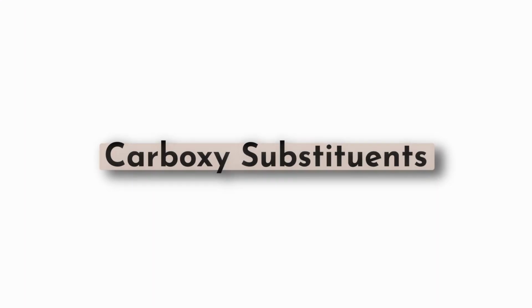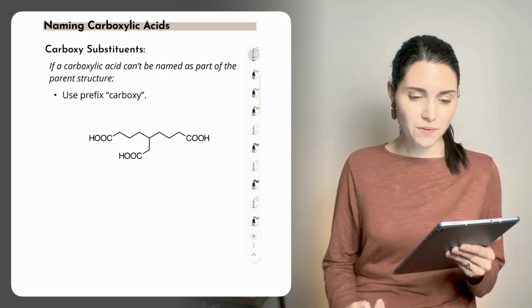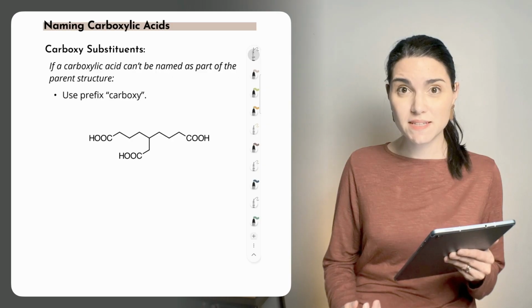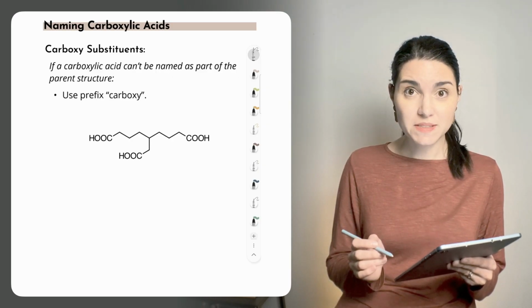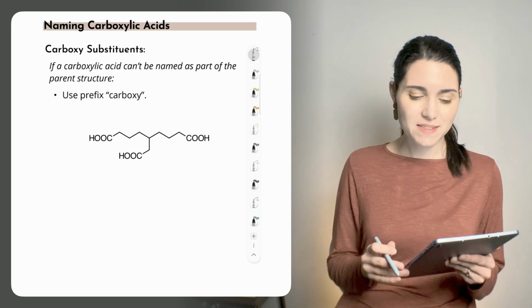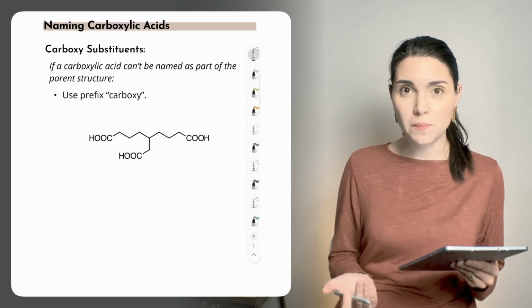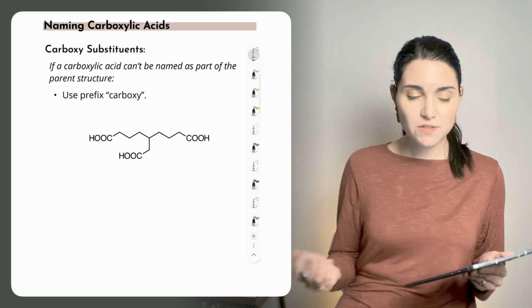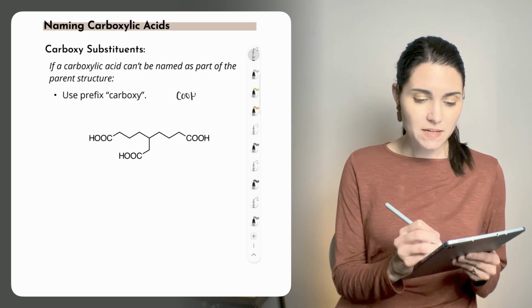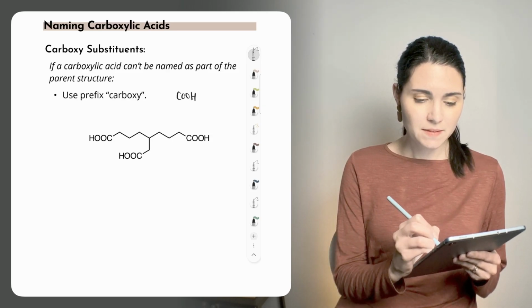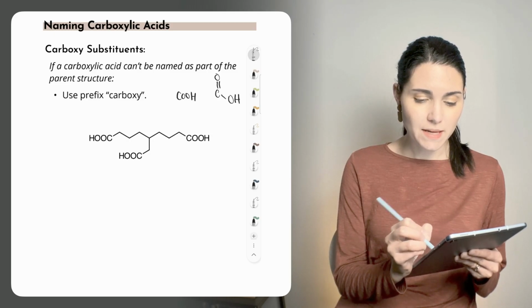If for some reason you can't get your carboxylic acid into the parent structure, you're going to name it as a carboxy substituent. So in this example, we have 3 carboxylic acid groups. Here they're abbreviated COOH, which is pretty common, especially when you have bigger structures. So if you see this, just know that the COOH means C double bond O, OH.